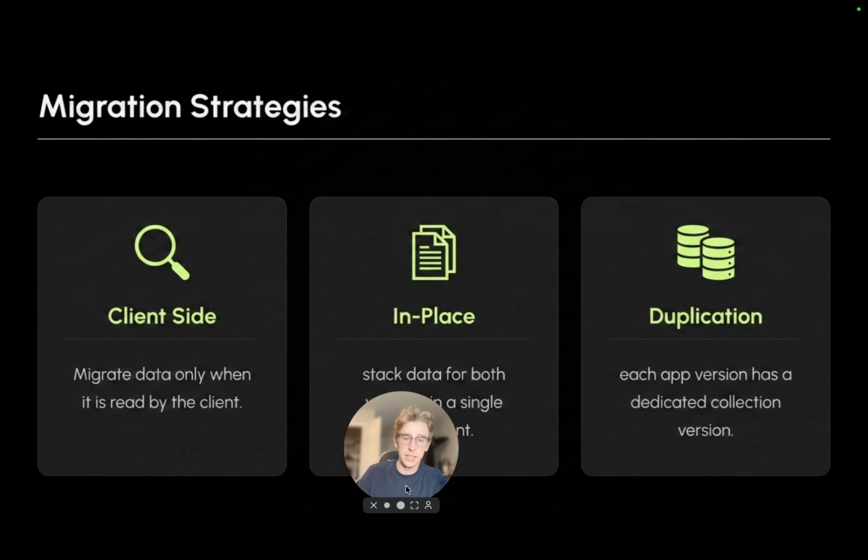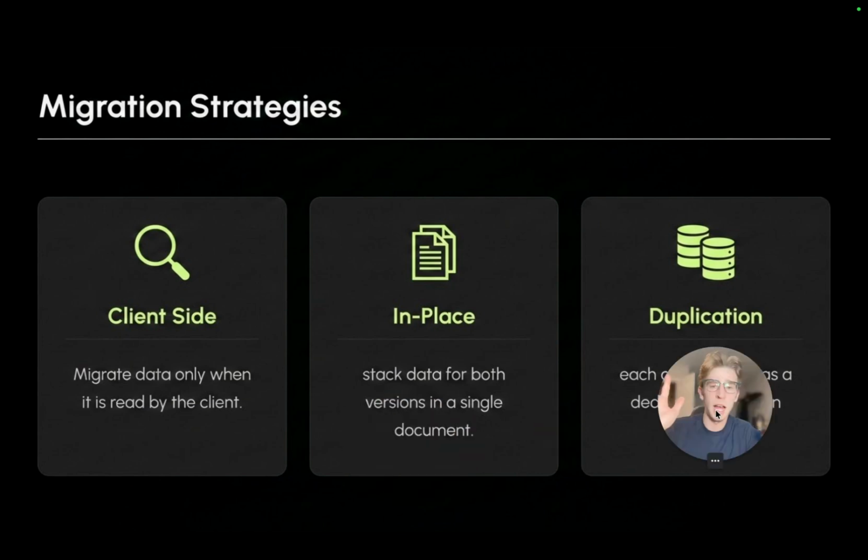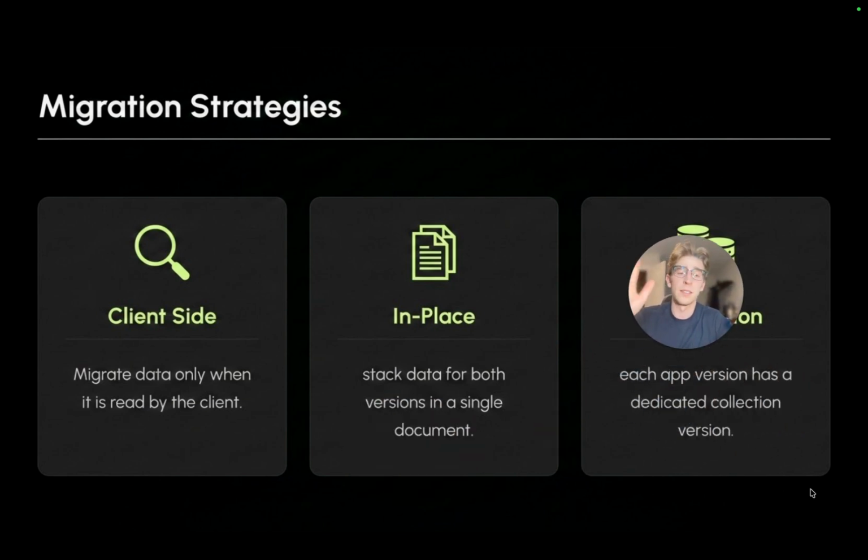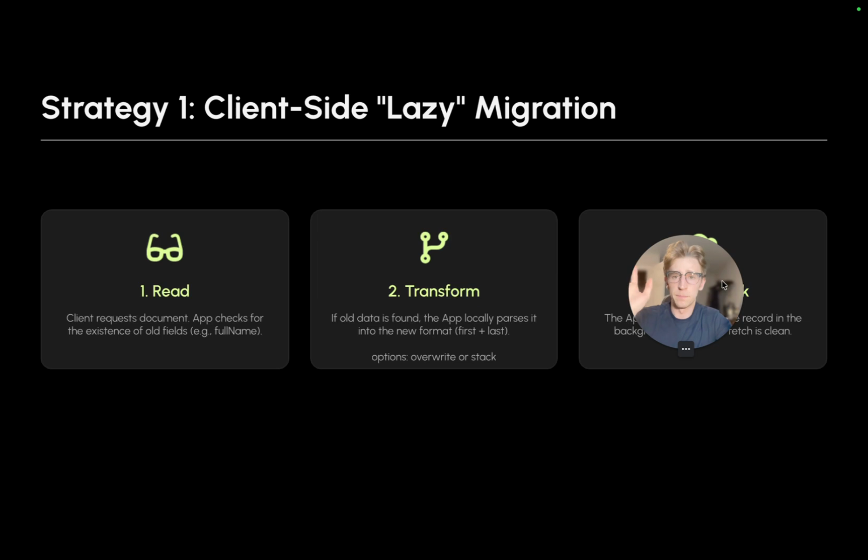So what this looks like is you have different collections: users underscore V1, users underscore V2. Now each of these strategies have advantages and disadvantages. They each have different options in how you actually implement them in order to handle different circumstances, and they're each going to be optimal for different circumstances. But again, today we're just looking at client-side migrations. But as you can see, this can grow in complexity.